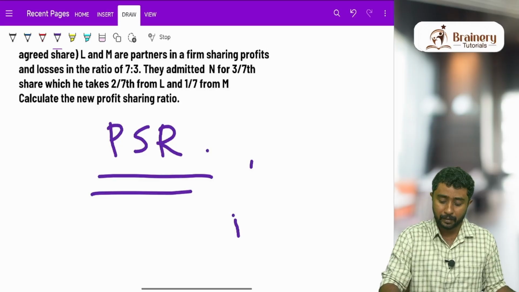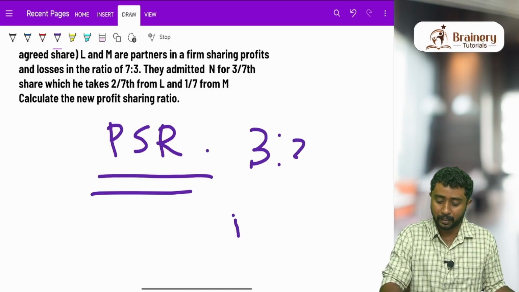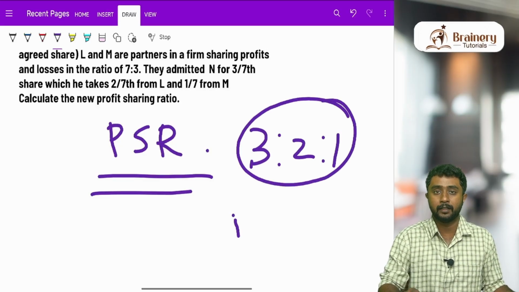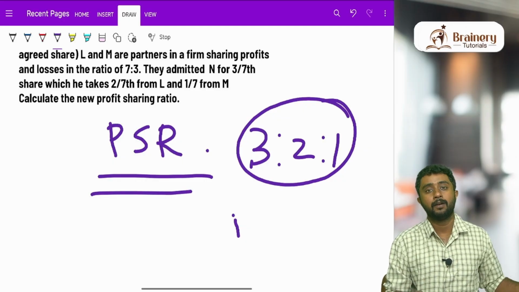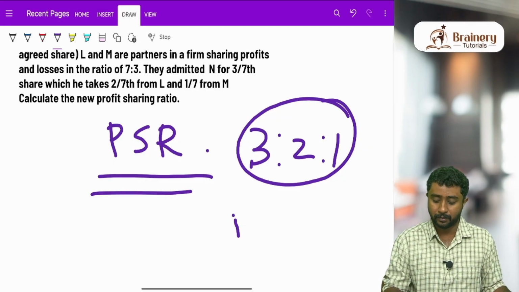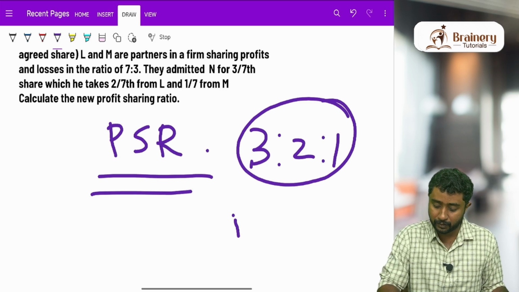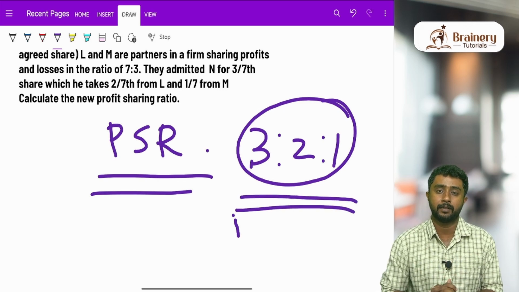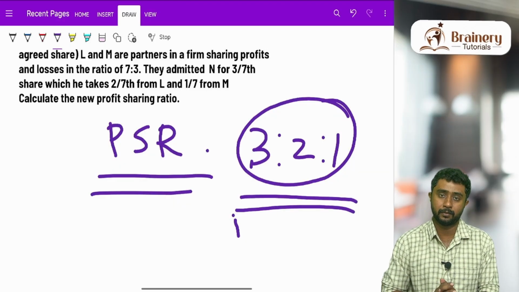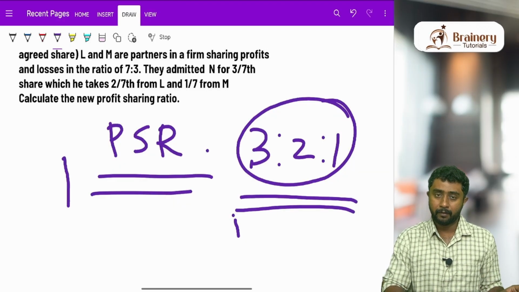Most of the time it will be given in the question only. We are not bothered about that ratio. Say for example, it is 3:2:1 between me and my friend and his friend. If we start a partnership firm and fix a profit sharing ratio like 3:2:1, this ratio in which we are planning to share the profit is called the profit sharing ratio. So everyone is aware of that.